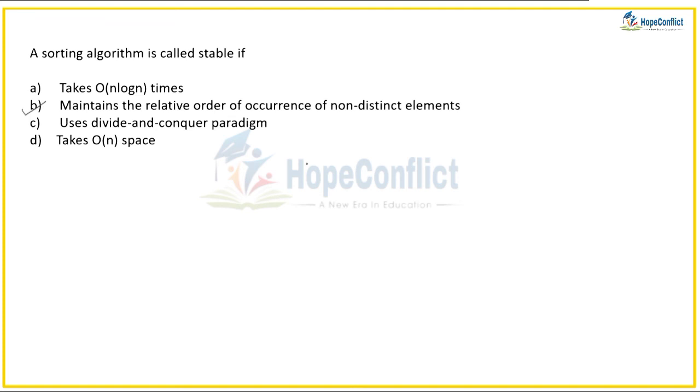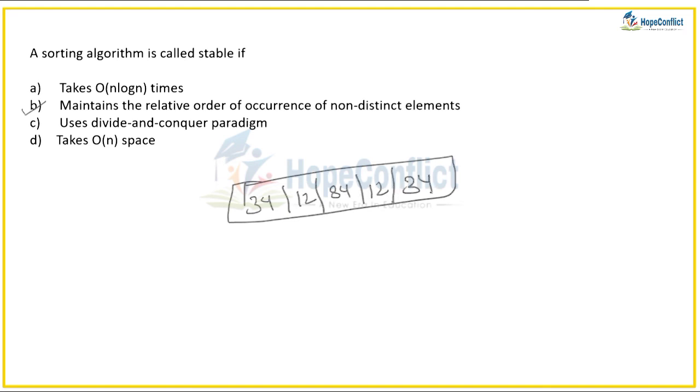Suppose we have a list like this: 34, 12, 84, 12, 34. After sorting, it is going to look like: 12, 12, 34, 34, 84, right?